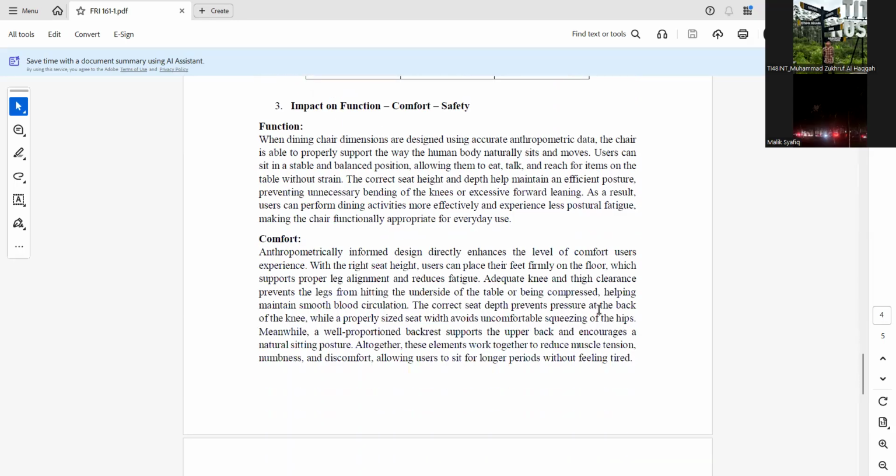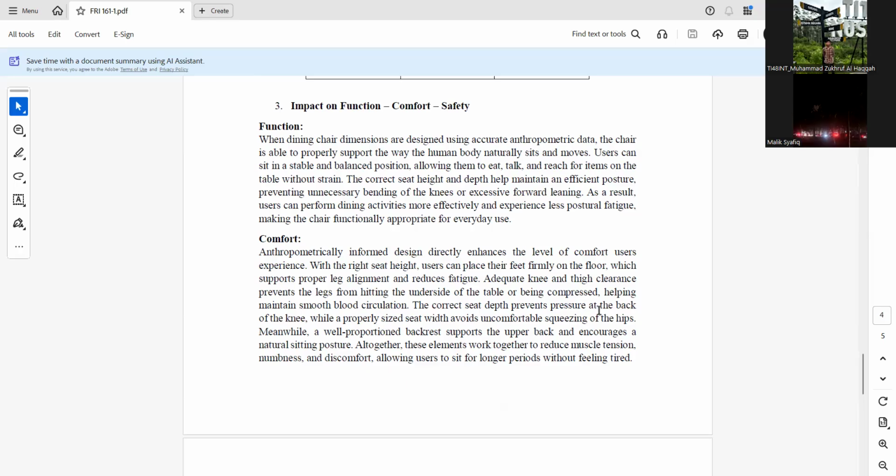So, what is the impact of the chair? When a dining chair is designed anthropometrically, the chair will be able to support our body weight to naturally sit and move. So it will allow us to sit in a stable and balanced position, and also allow us to eat, talk, and reach for items on the dining table without strain.